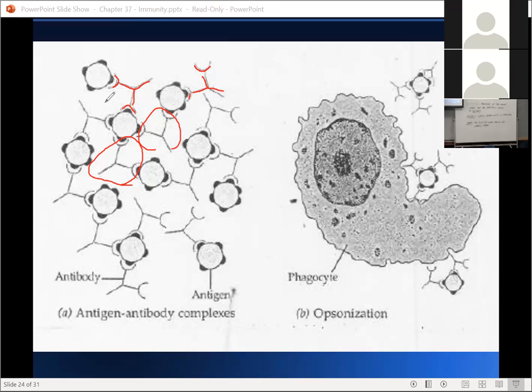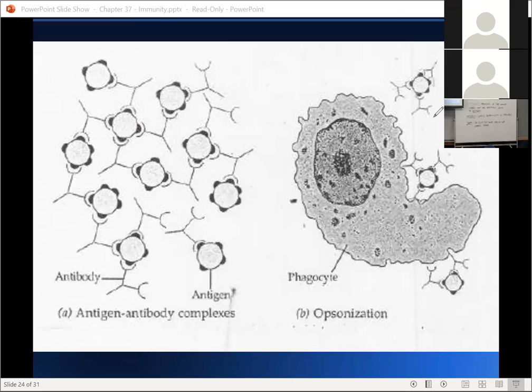So these complexes will circulate through the blood system. Once they get to the liver, these complexes can be cleared by the liver, and that gets rid of the threat from the foreign invader. Over here, we have opsonization. So the antibodies binding to the surface of this pathogen are opsonizing antibodies.